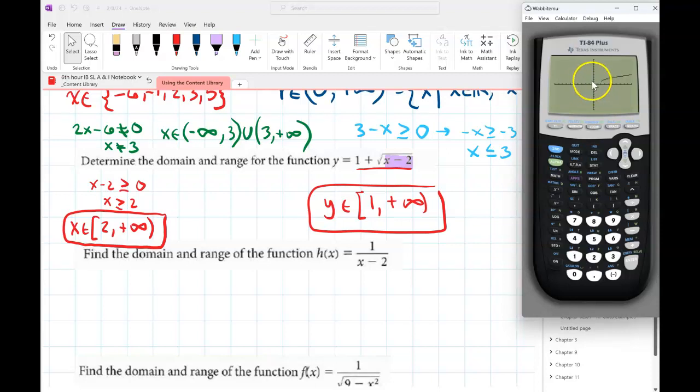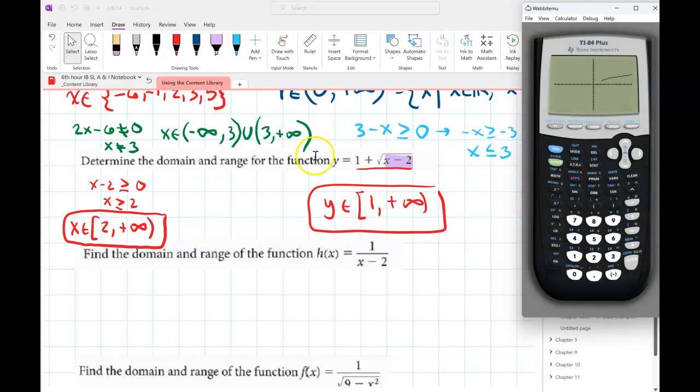I can tell just by reading off my axes there. So 2 is the very first x that's used, and 1 is the very first y that's used. And then all the y's get bigger after that, and all the x's get bigger after that. You kind of see how I can use the picture to check what I just did.